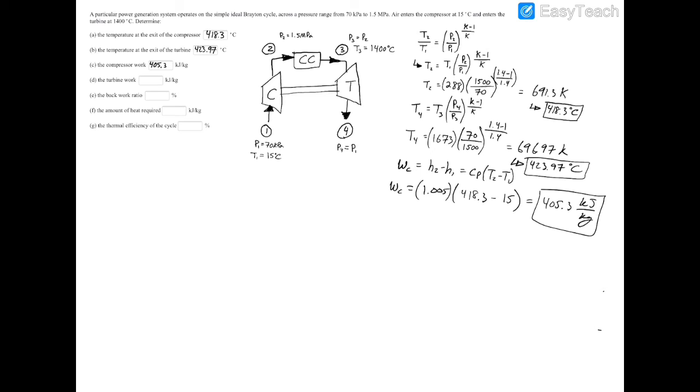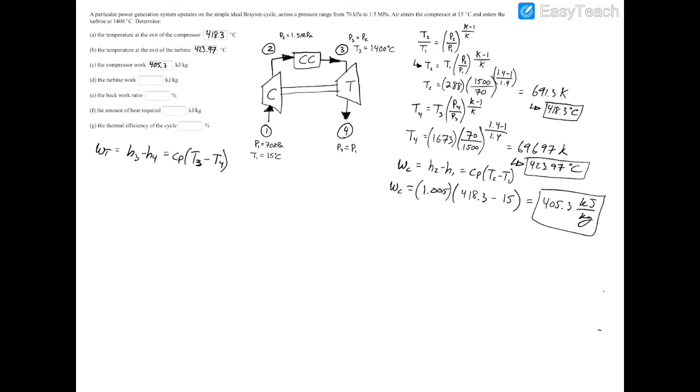Now we have to find the work of the turbine. So similarly, the work of the turbine, I'll do it on the left side here. WT is equal to H3 minus H4, which is also equal to CP of T3 minus T4.